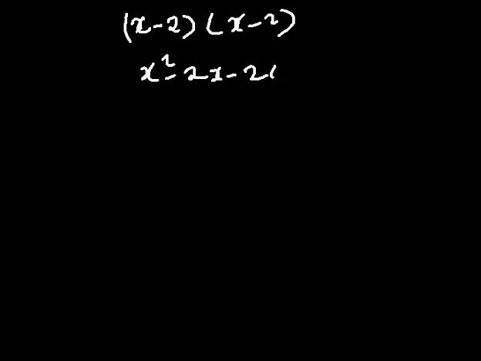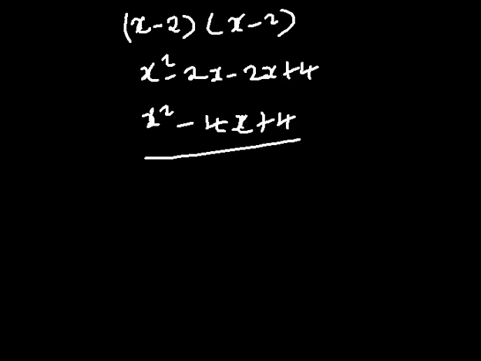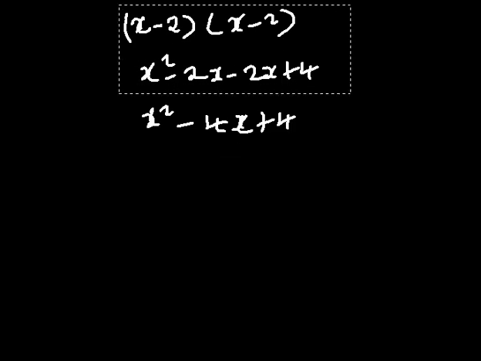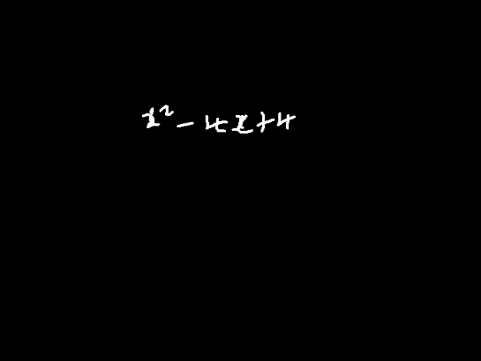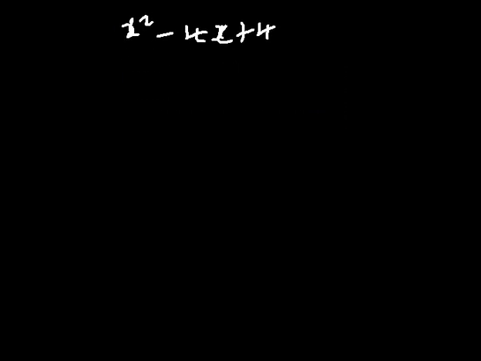For instance, if we have (x minus 2) times (x minus 2), that is the same as x squared minus 2x minus 2x plus 4, which is x squared minus 4x plus 4. This is a perfect square. How can we determine whether a given expression is a perfect square or not?